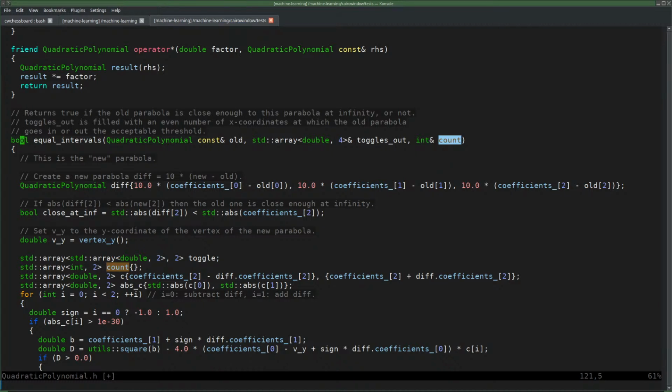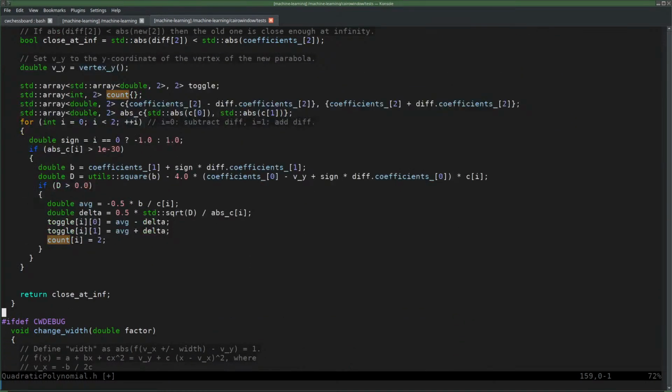Let's call this count out then. So I can say that count out is count 0 plus count 1.